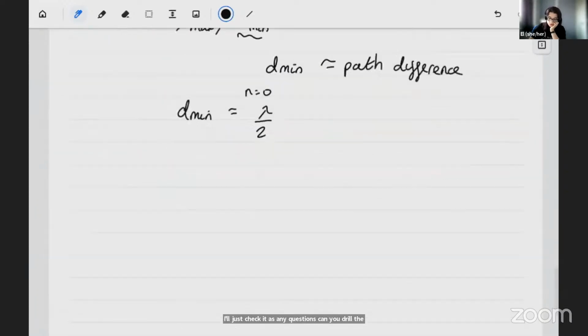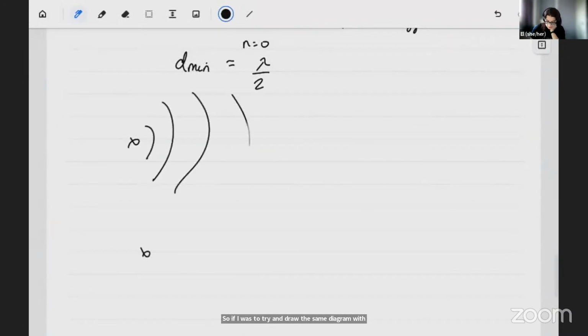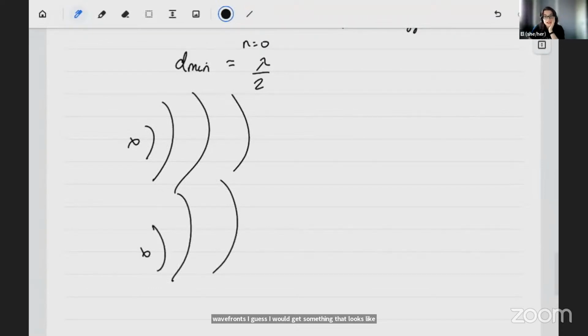So if I was to try and draw the same diagram with wavefronts, I guess I would get something that looks like this. And I don't think I could illustrate in the same way these are the points of constructive and destructive interference.